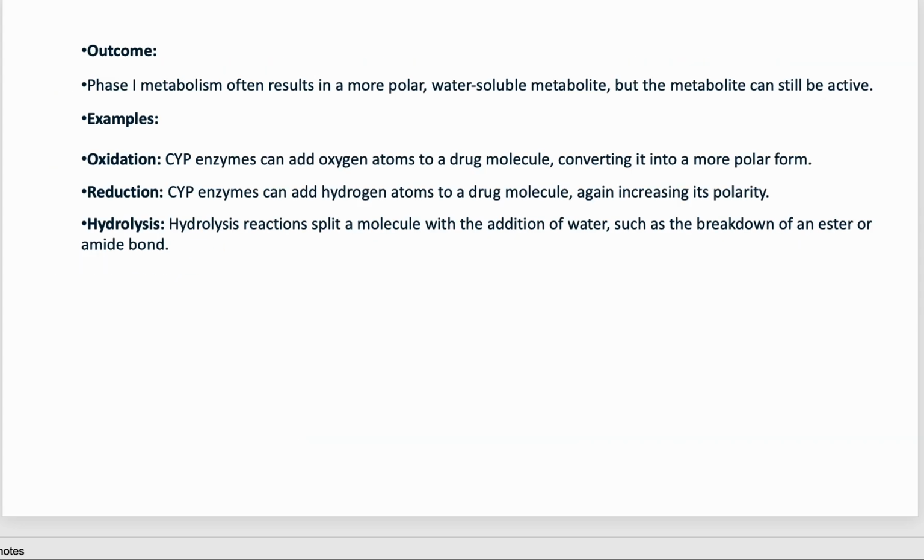After phase one they become more polar and water soluble, but metabolites are still active. Cytochrome enzymes add oxygen atoms to the drug molecule, converting it into a more polar form, and they also add hydrogen, increasing polarity, and hydrolysis splits with water, like in the case of esters and amides.